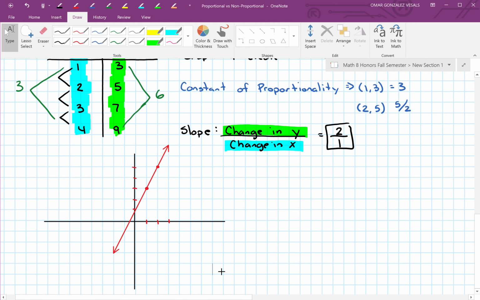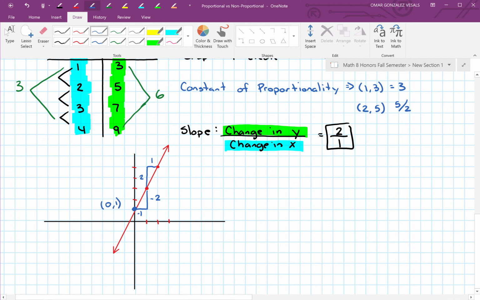And what I can do is, look at this. How many times did I go up and over? Up 2 and over what? That's to go up on the graph. But what if I want to go down on the graph? I would go down what? Down 2 and to the what? To the left 1. What point would that be right there? 0, 1.